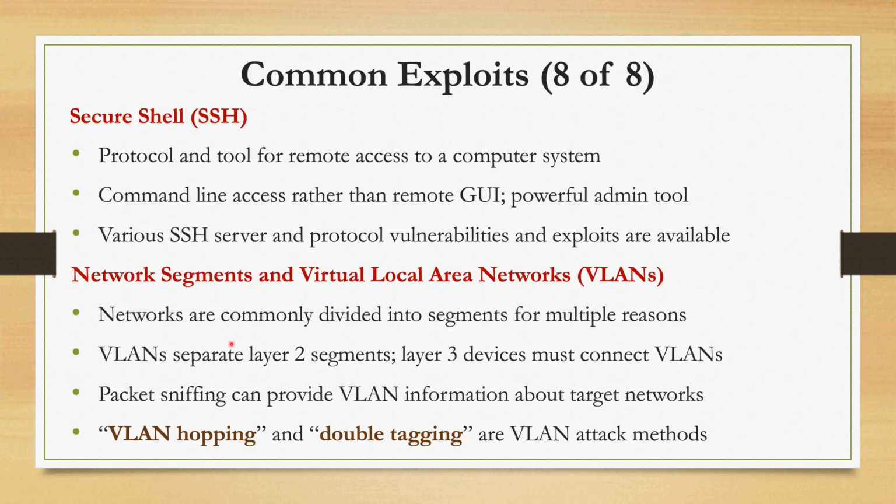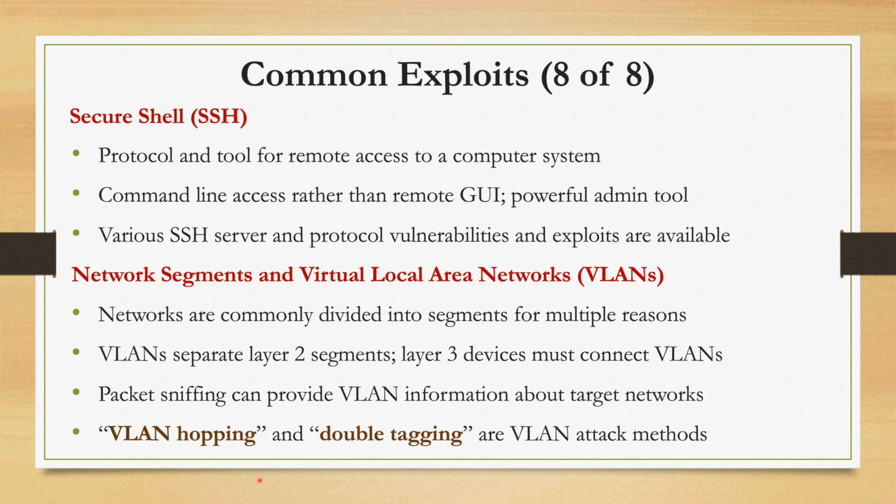See, okay, so the problem here, VLANs use layer 2 segmentation, and layer 3 devices like routers are used when they connect VLANs to enable inter-segment communication. So attackers can use packet sniffing to gather information about the VLAN configuration in some cases, obviously, if it's not properly secured, on target networks.